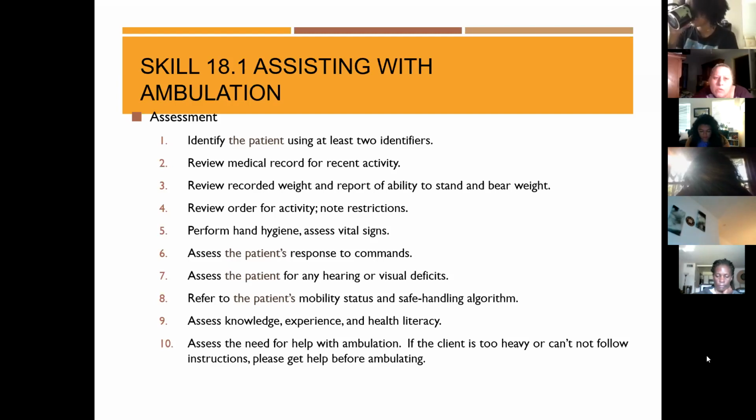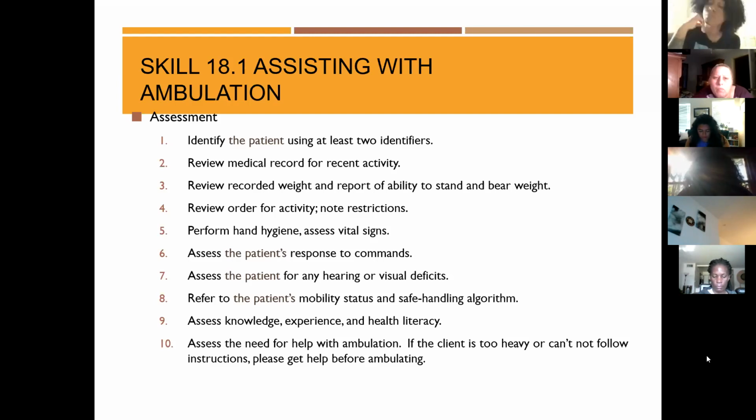Okay. Right before you start to help your patient ambulate, you want to make sure that you're assessing their range of motion. Right? Can you move? It's pretty important. I need to know if you can move your feet, if you can move your legs. I need to know what we're working with before I get you up out of bed. Because if you can't move your legs, then there's really not too much I can do to help you here. So you want to assess these things.